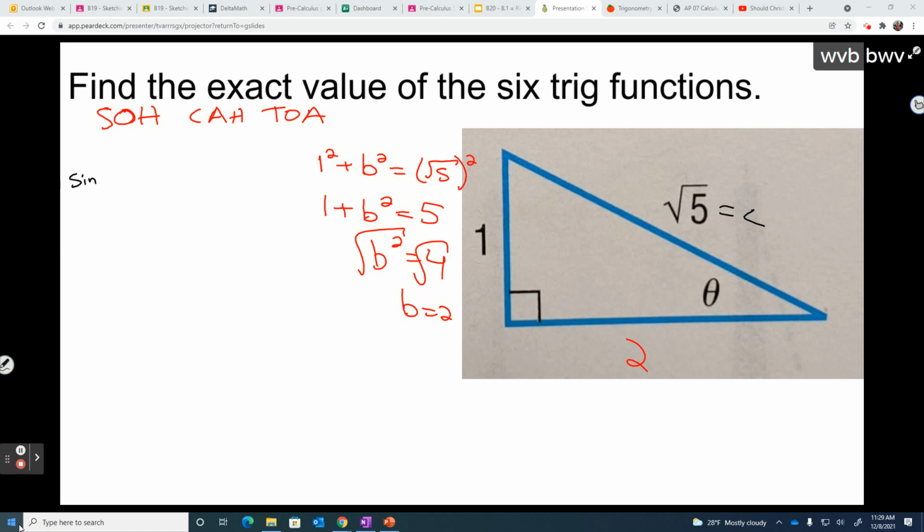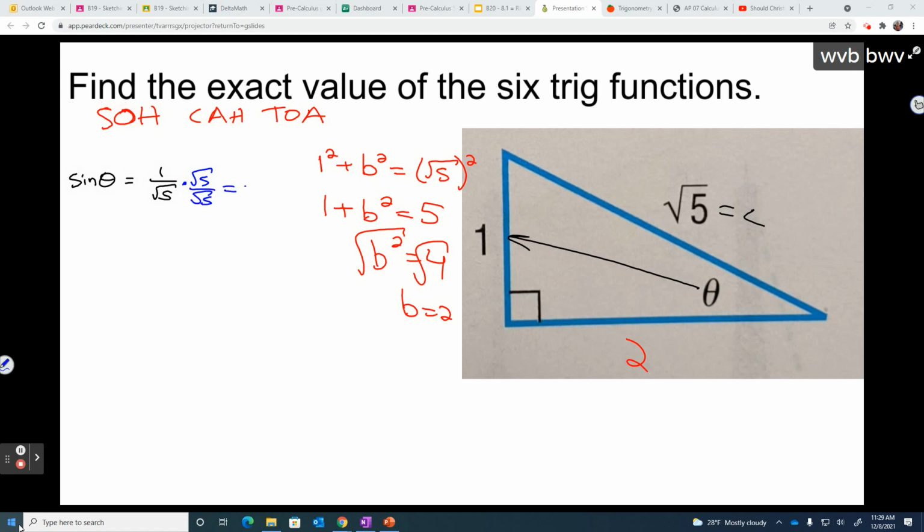Sine. From here, this is our opposite. Opposite of theta, 1 over hypotenuse, radical 5. So we got to rationalize it. Multiply by radical 5 over radical 5.